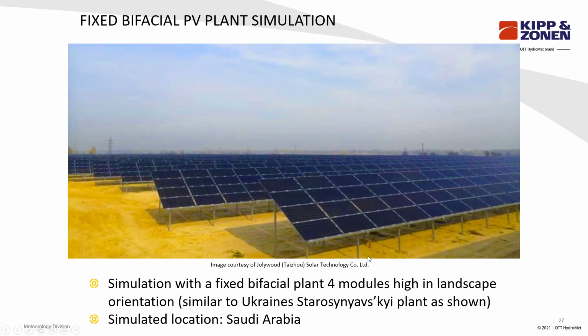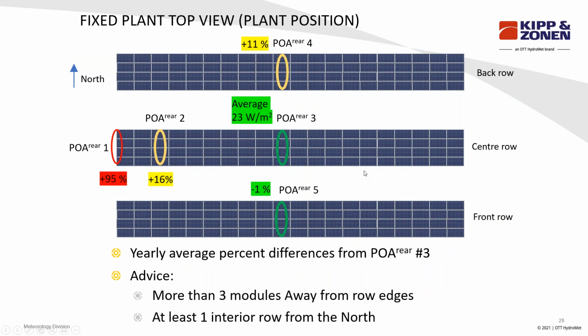Now we have, for this occasion, simulated a plant where we have a landscape-oriented 4 modules high fixed setup, and this is similar to what's in this photo. This is a plant in Ukraine, but we have chosen Saudi Arabia as a simulation location. And when we place pyranometers at different sites in the plant, we have compared the reading to the center.